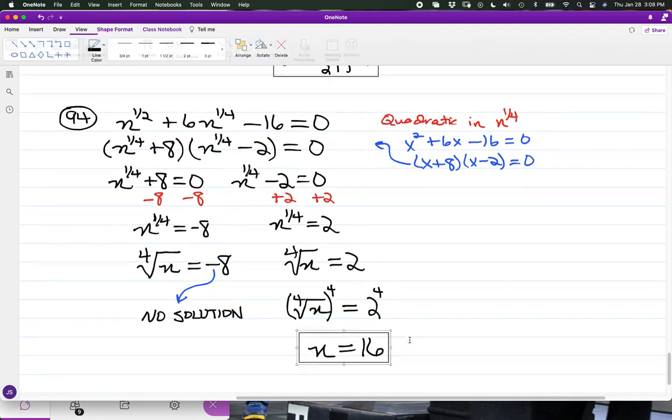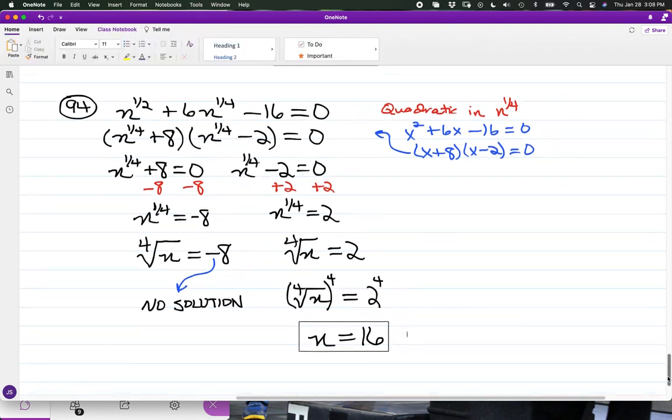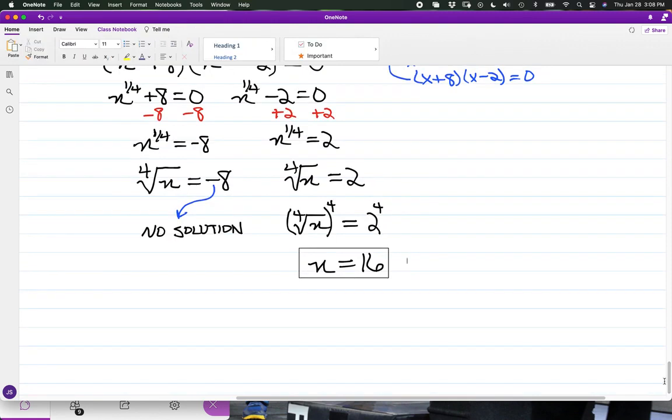All right, and we will continue looking at equations that are quadratic in form, as well as some that have integer exponents, and others which have none.